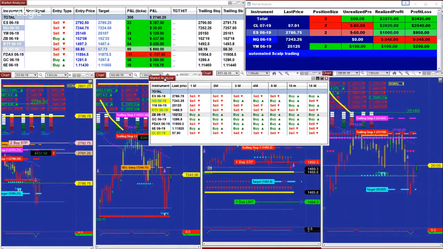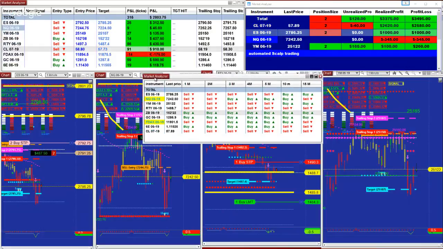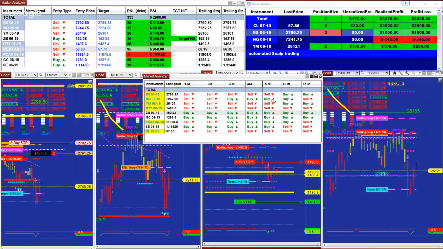Now if we want to see what's going on in the Nasdaq, we can see immediately how to read this one here. We have the 1 minute, 2 minute, the temporary downside, and then we have a strong trend on the Nasdaq.